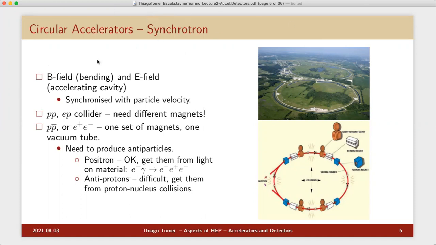However, you also have to synchronize the magnetic field that does the bending, because the bending power and the curve that the particles make is related to the momentum of the particle.